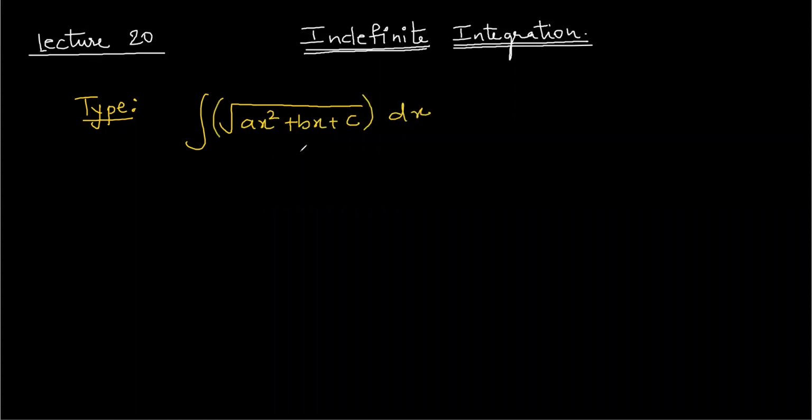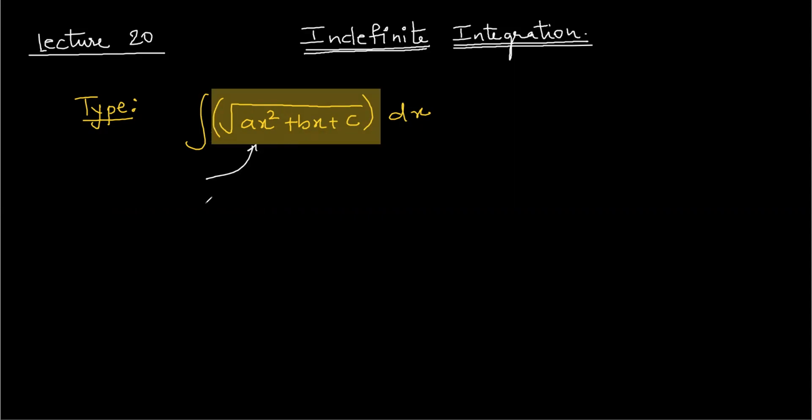That is, we will learn how to integrate a function which will look like this. If an integrand, you all know the function which you are integrating is known as integrand. So we are going to learn, if we see an integrand which looks like this, how we will integrate.